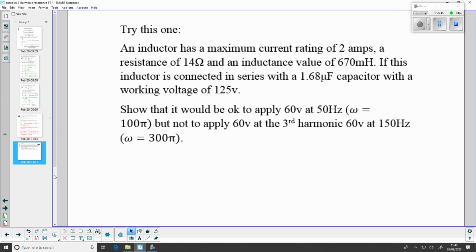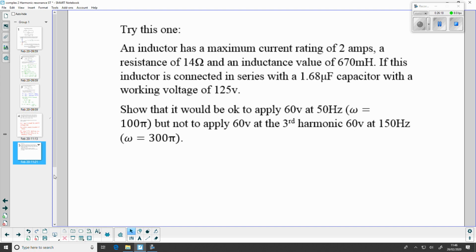If this inductor is connected in series with a 1.68 microfarad capacitor with a working voltage of 125 volts, show that it would be okay to apply 60 volts at 50 hertz, i.e. when omega is equal to 100 pi, but not to apply 60 volts at the third harmonic, i.e. 150 hertz, or omega equal to 300 pi.